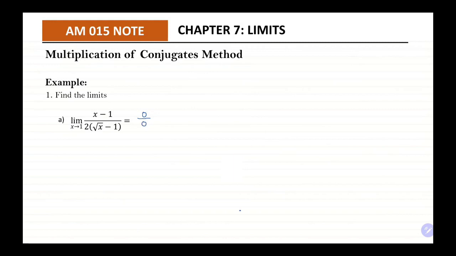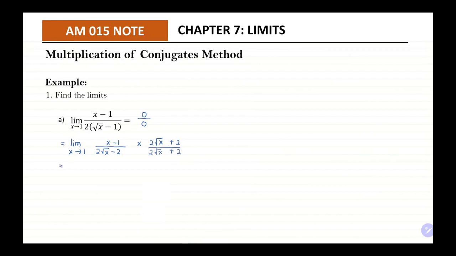Because this question has a square root there, we need to conjugate. So limit as x approaches 1 of (x minus 1) divided by (2 minus root x), times the conjugate, so (2 plus root x) over (2 plus root x).